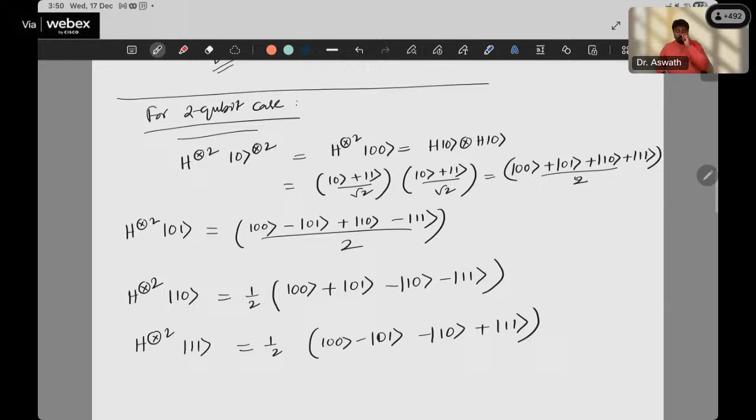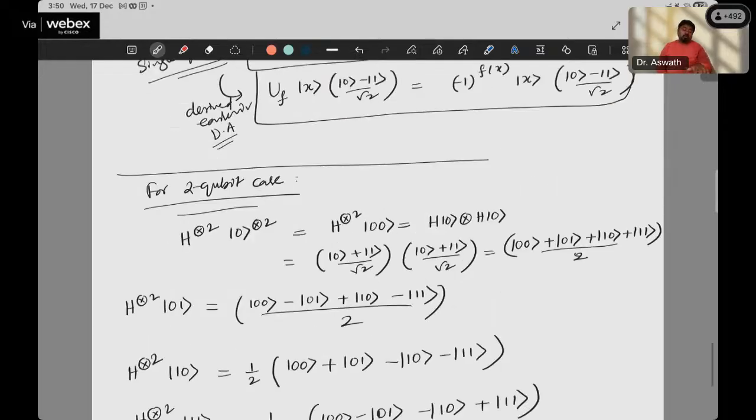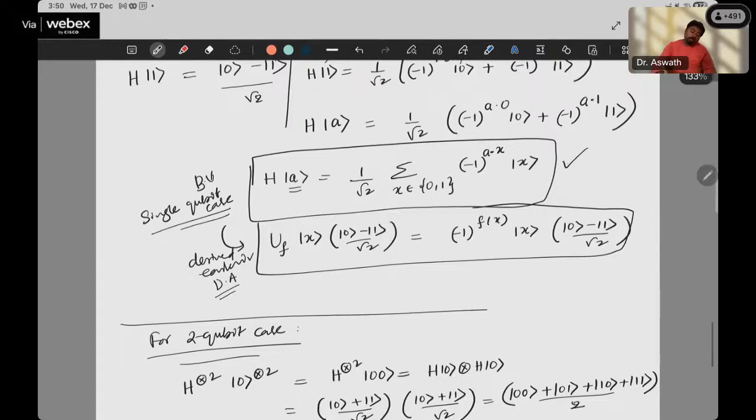So this is what happens when two Hadamards act on two qubits, starting with 0. With 1 qubit, 1 Hadamard, we got a formula. Can we do it for the 2 qubit case, or for the generalized case? Of course, yes, it's very, very easy.